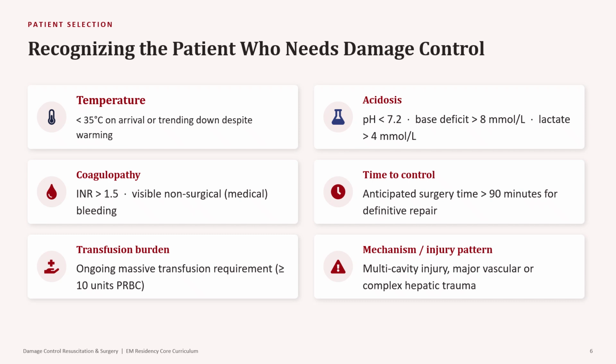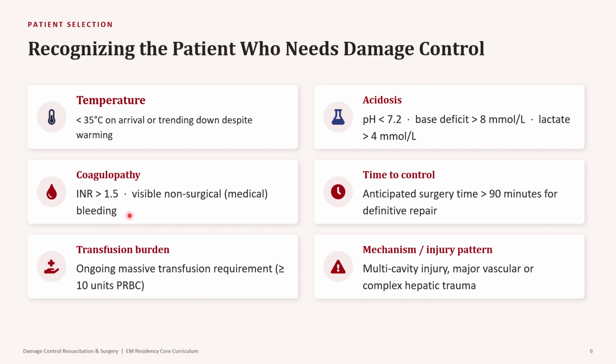So how are you going to recognize the patient who needs damage control? These are the determinants based on which you recognize the patient who needs damage control. The temperature is less than 35 degrees centigrade on arrival, or trending down despite adequate warming.